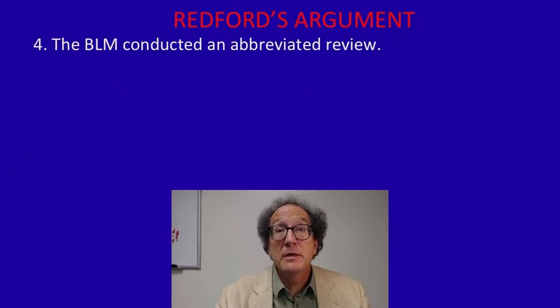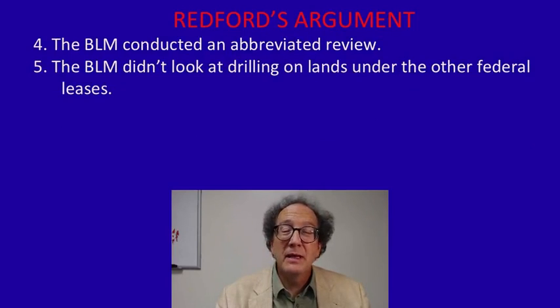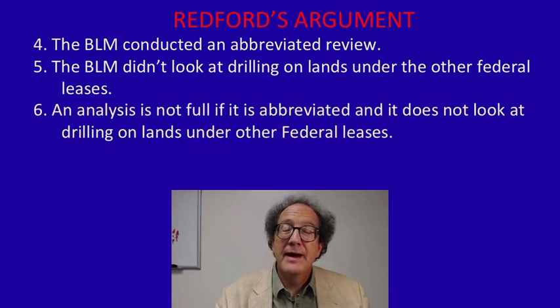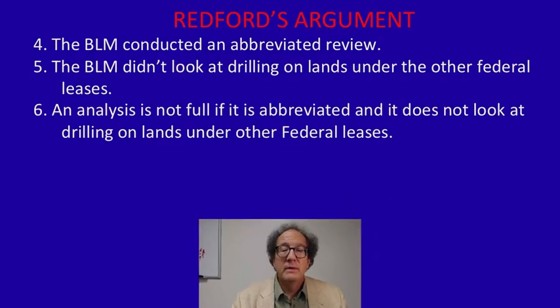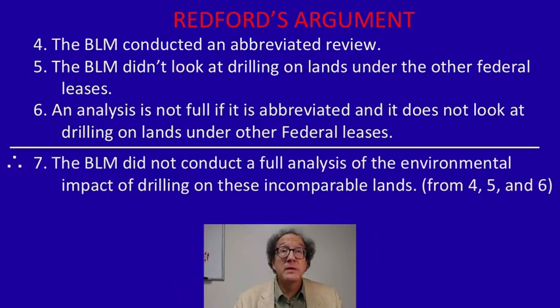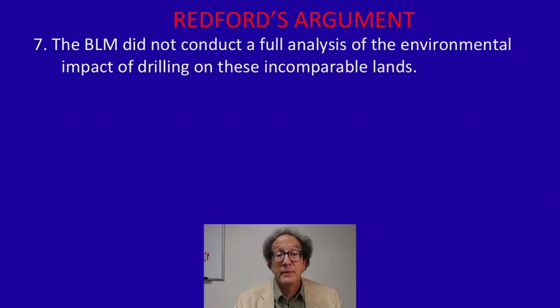The BLM conducted an abbreviated review. 5. The BLM didn't look at drilling on lands under other federal leases. 6. An analysis is not full if it's abbreviated, and it does not look at drilling on lands under other federal leases. Therefore, 7. The BLM did not conduct a full analysis of the environmental impacts of drilling on these incomparable lands.